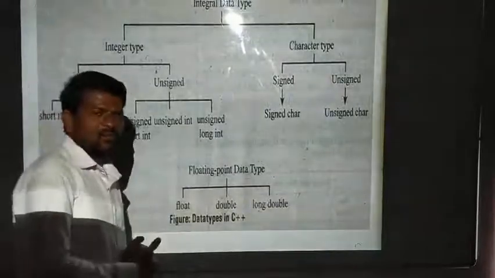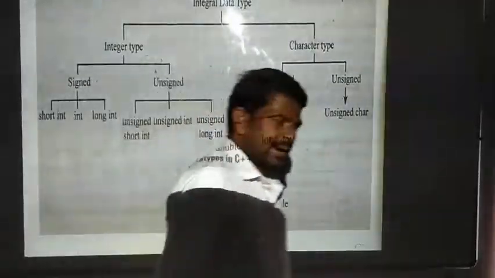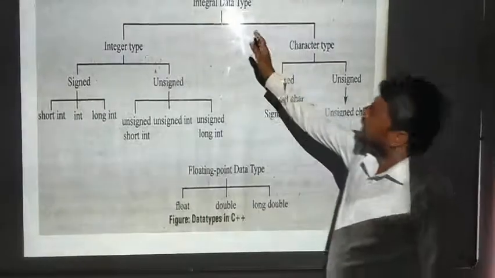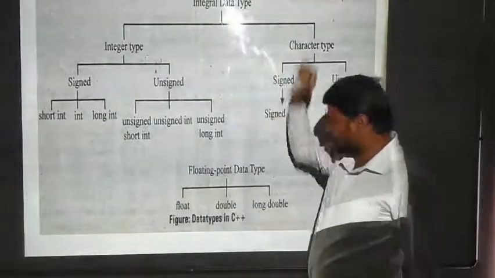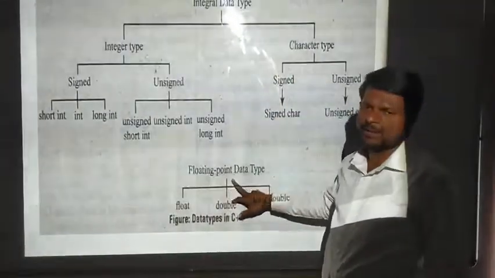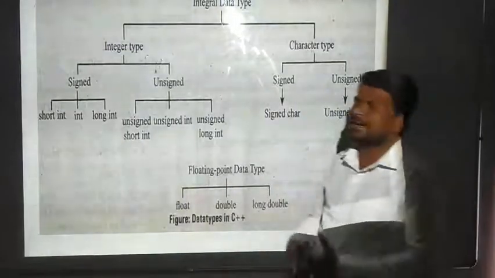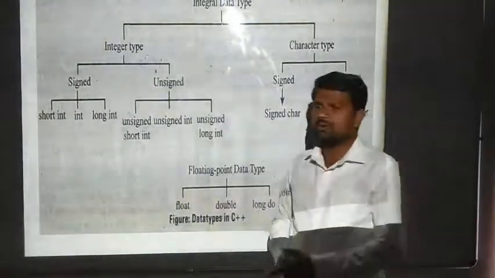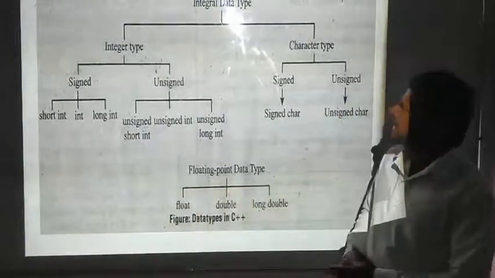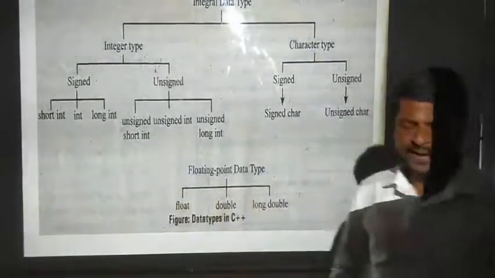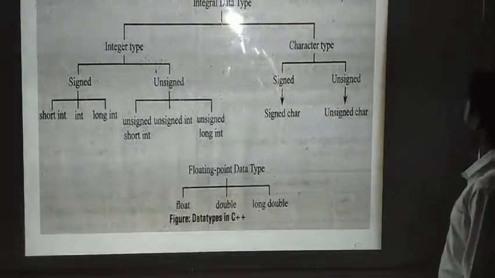Integral data type and floating point data type. The integral data type is classified into two ways: integer type and character type.